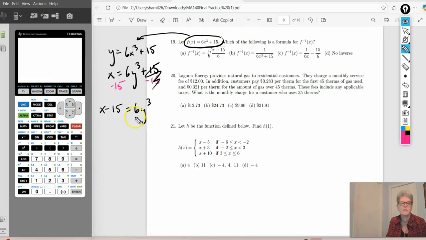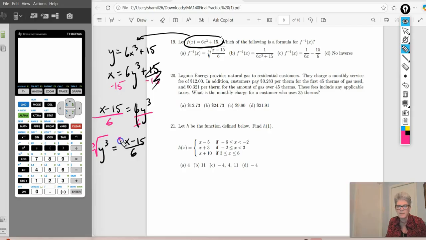And the next step would be to divide both sides by 6. So they will cancel. And now I might write it, so I have y cubed equals x minus 15 all over 6. And then I'm not done yet. I want y by itself. And so I have y cubed. And so to get y by itself, I'll take the cubed root of y cubed.